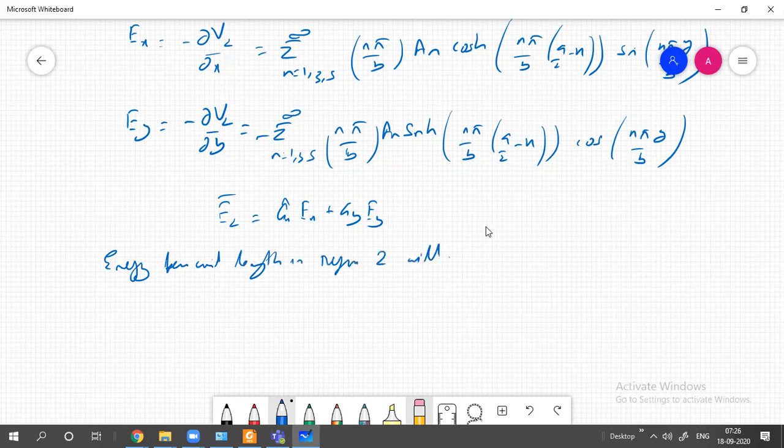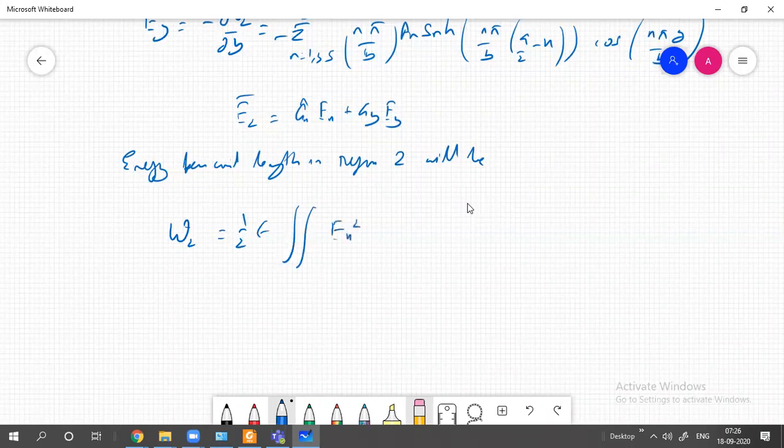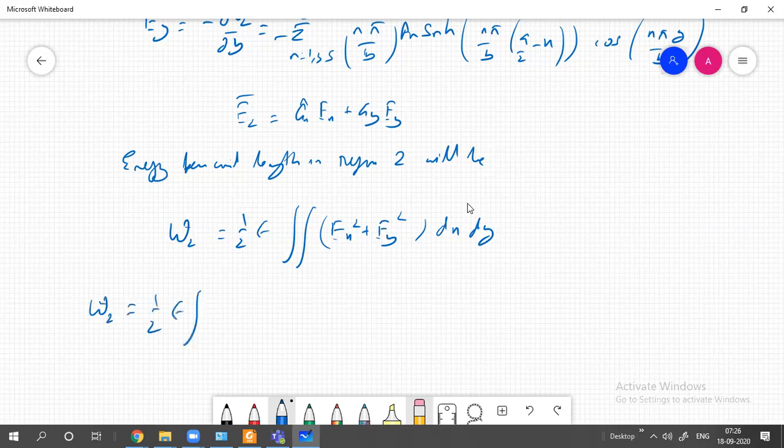W2 will be half epsilon times the integral over the region of E_x squared plus E_y squared, dx dy. If we substitute, W2 will be half epsilon, with y from minus b by 2 to 0, and x from w by 2 to a by 2.